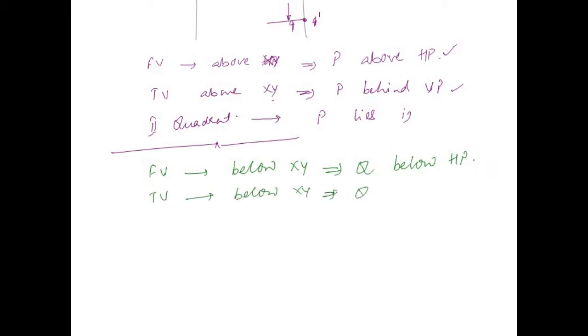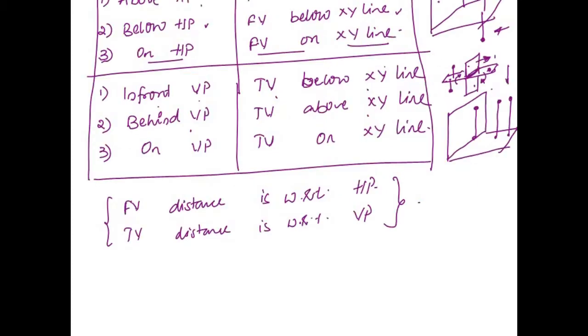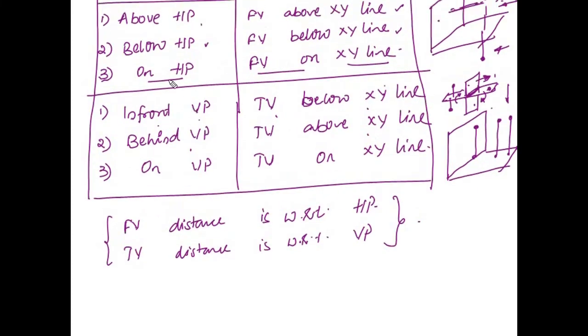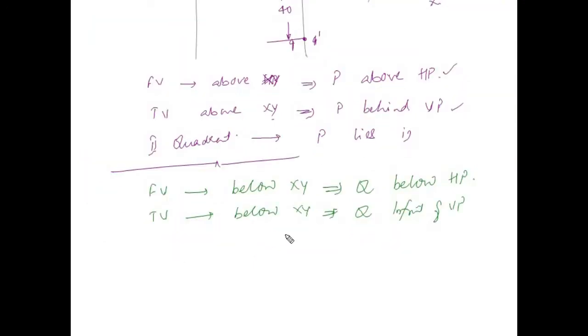This implies Q is in front of VP. Once again, you can see here, if it is in front of VP, the top view will go below xy line. If it is below HP, the front view will be below xy line. So now the point is below HP and below VP. So we can say that the point is in the fourth quadrant. So Q lies in the fourth quadrant, right?